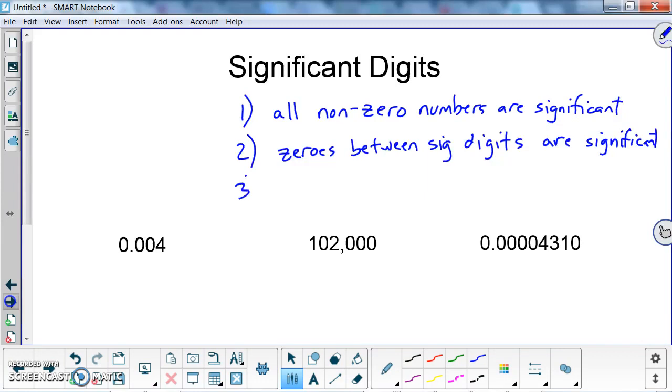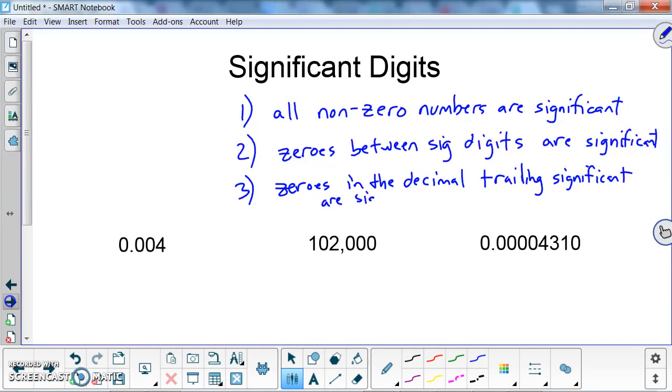And number 3, zeros in the decimal trailing significant digits are significant.